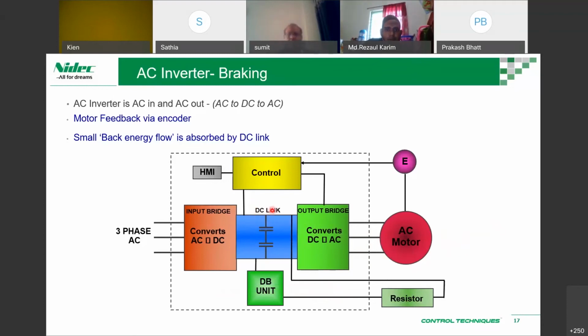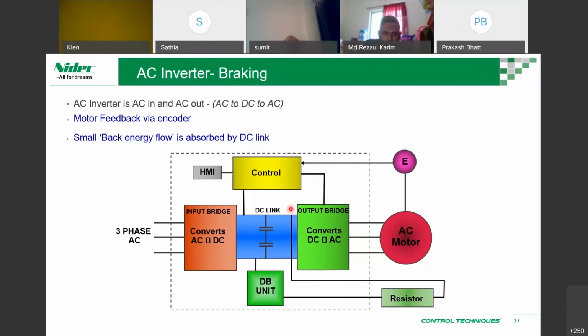Energy will gather up at the capacitors, and the voltage will increase. Typically, if it's a 400 volt drive, the maximum limit the drive will have is about 800 volts. Then it will trip on over voltage to make sure we don't get any damage to the capacitors. This is applicable for all drives. If the energy backflow is too fast, the capacitors may blow up.